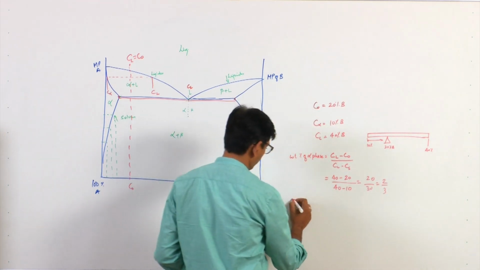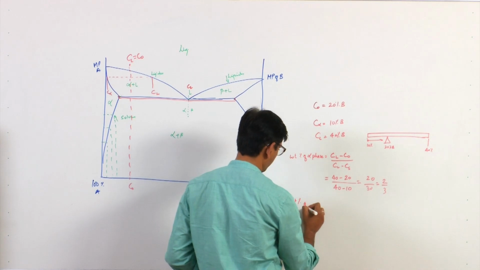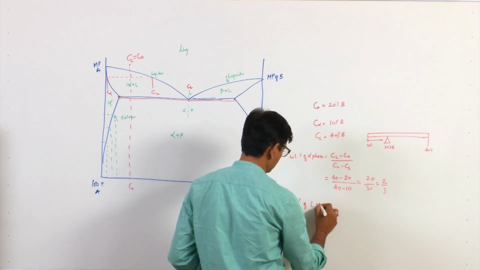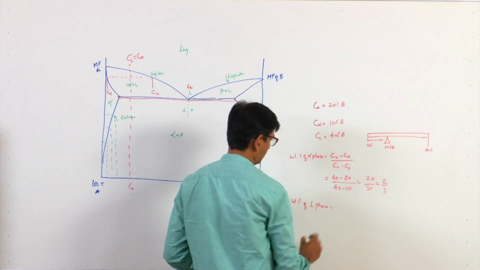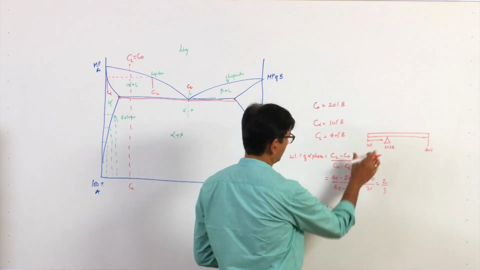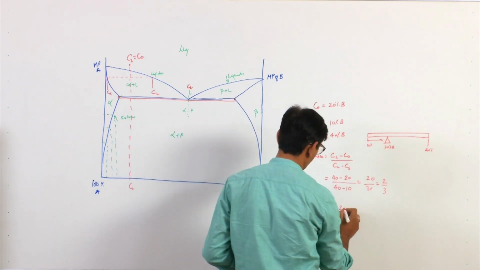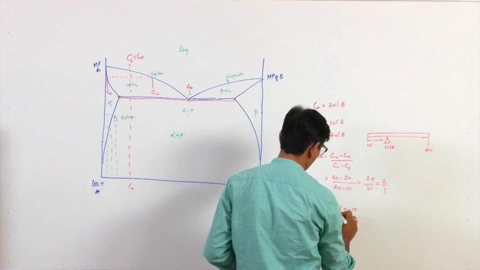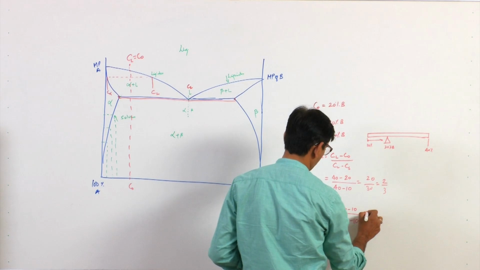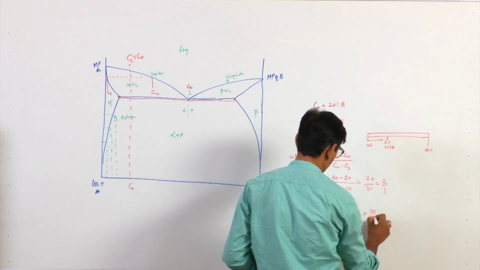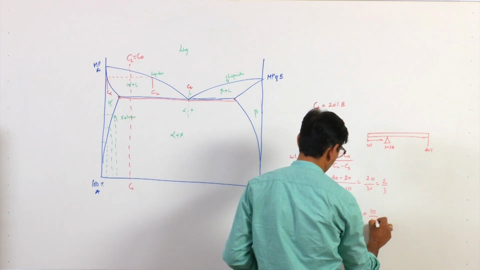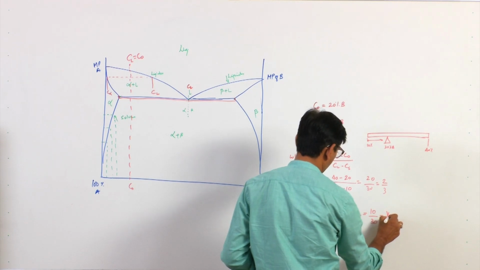If I want to know the weight percent of liquid phase, then it will be this arm length. So 20 minus 10 divided by 40 minus 10, that will be equal to 10 upon 30, that is equal to 1 by 3.